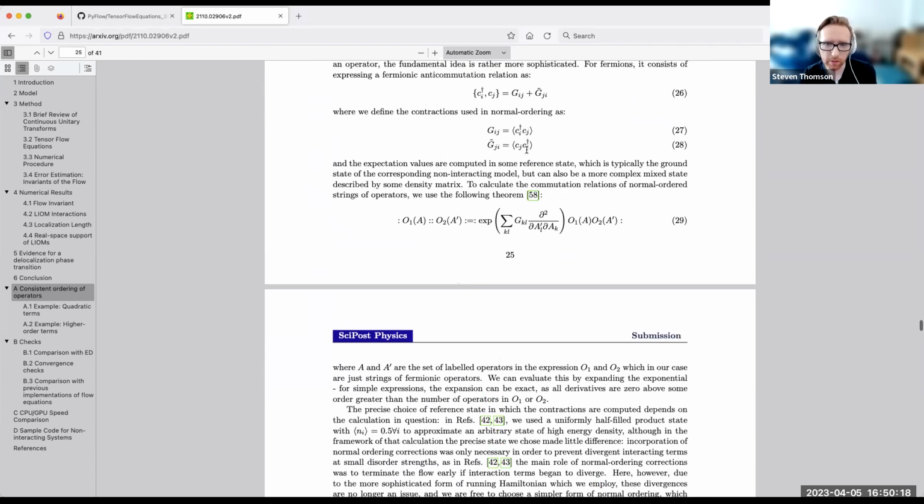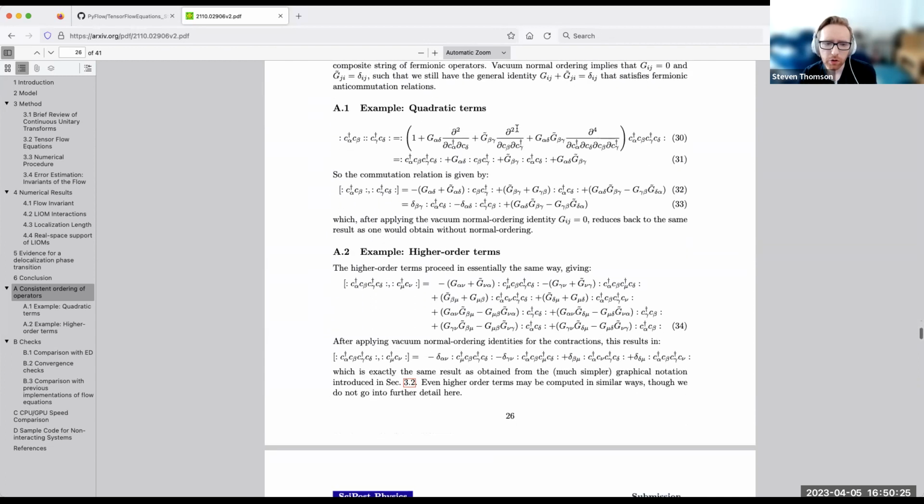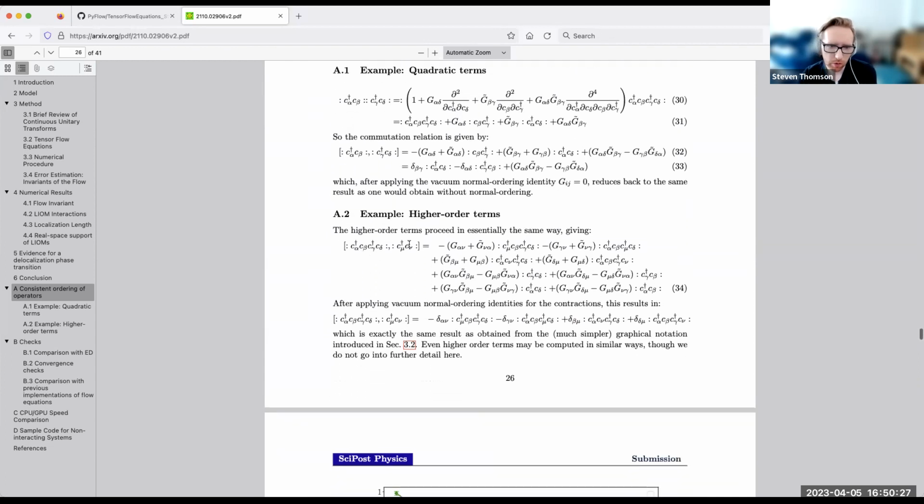The tilde means the dagger operator is on the right and the no tilde dagger operator is on the left. So if you compute, let's say, a commutator of a fourth order with a second order term, you get something like this analytically. Now, the sum of a g with a g tilde is a delta function. So actually, the first two lines of this give you exactly what I was showing you on the previous page, where you just have the sum of all four one-point contractions.